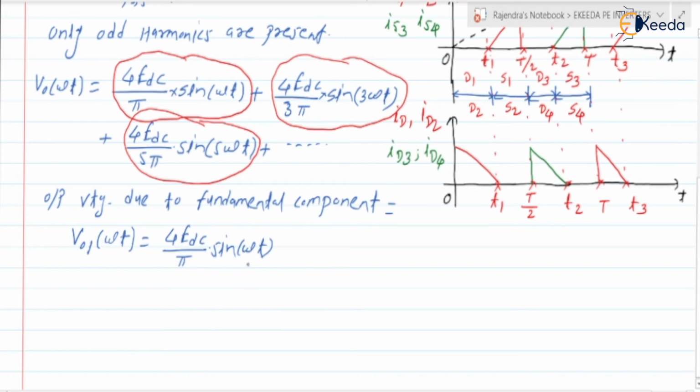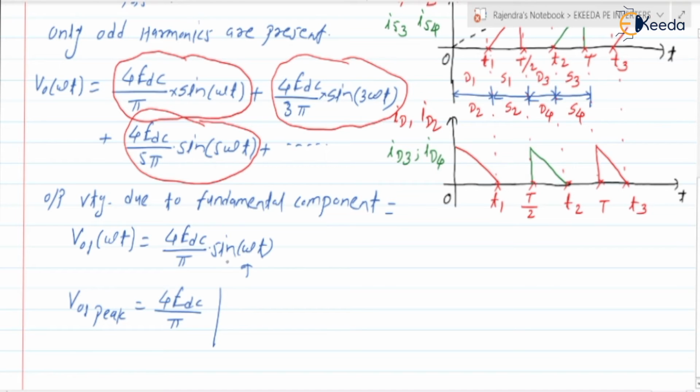It has a frequency omega, which is the same as the frequency of V0, and 4 Edc by pi indicates the peak value. So we can write V01 peak is equal to 4 Edc by pi. Next, we can write the RMS value.